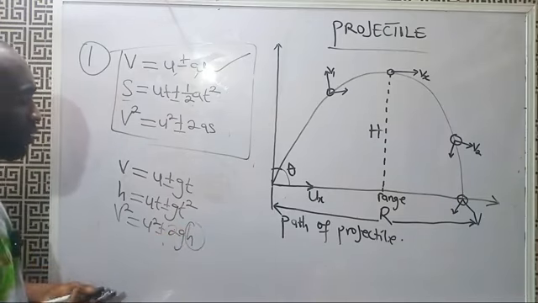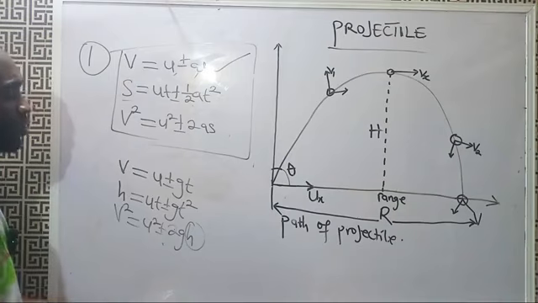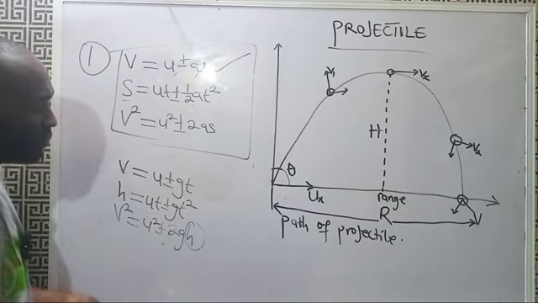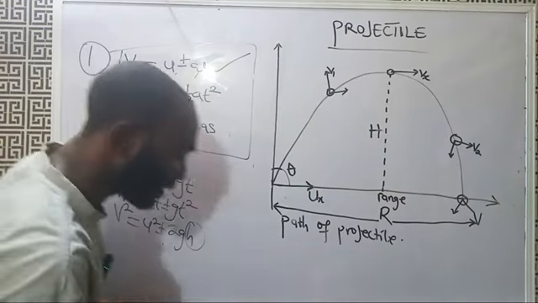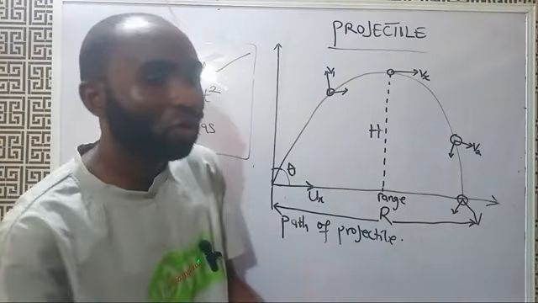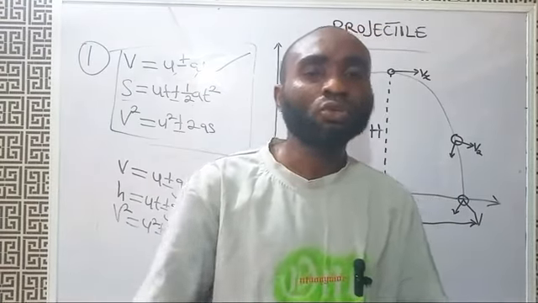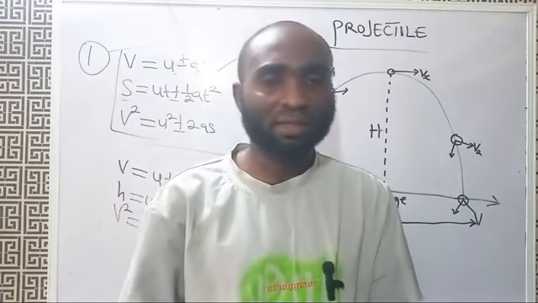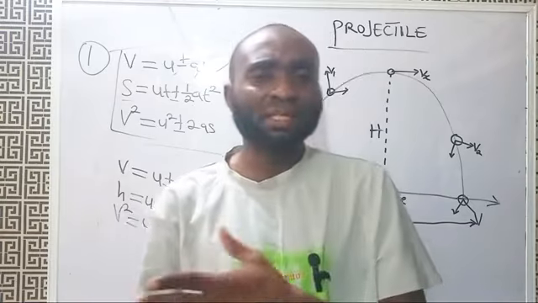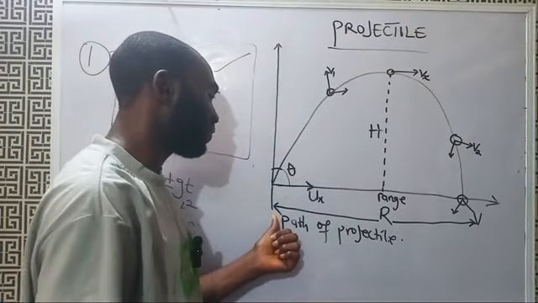So when you understand these three equations of motion, it will be easier for you to understand projectile. Now let's understand the two components of velocity involved in projectile, because when you launch an object into the air, at the point of launching, this object takes two components of velocity, and this is the diagram we have here.